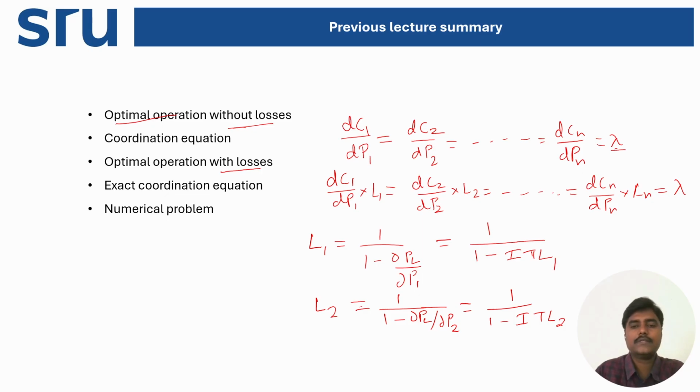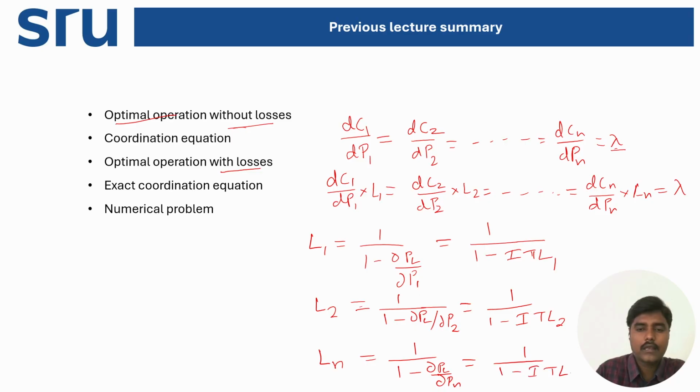Previously this was ITL of the first unit. Similarly, you can express Ln is equal to 1 by 1 minus ∂PL/∂Pn, that is equal to 1 by 1 minus ITLn.